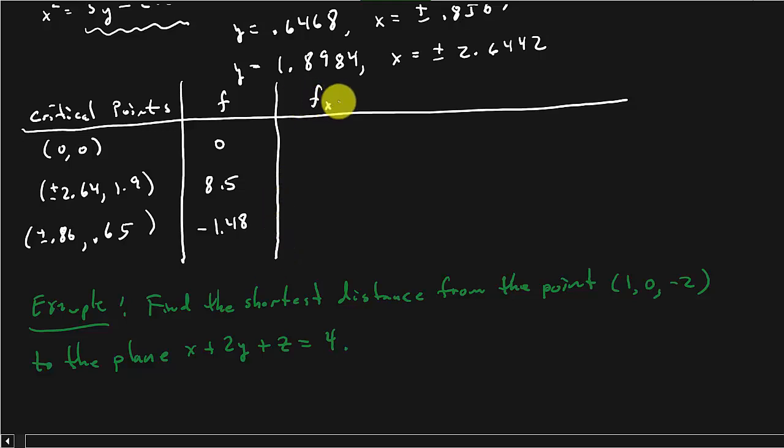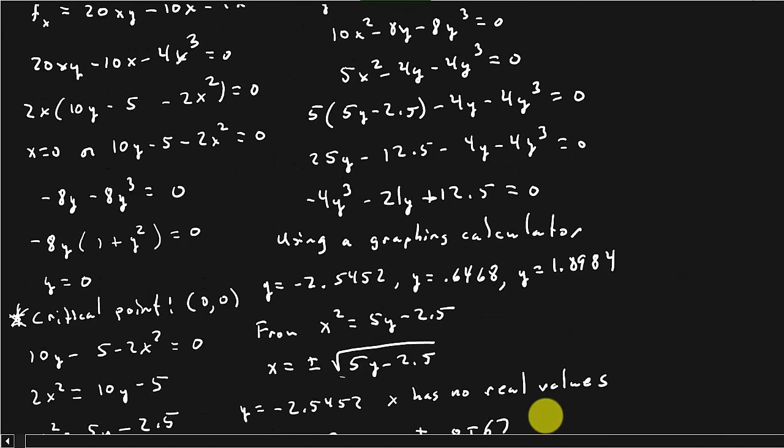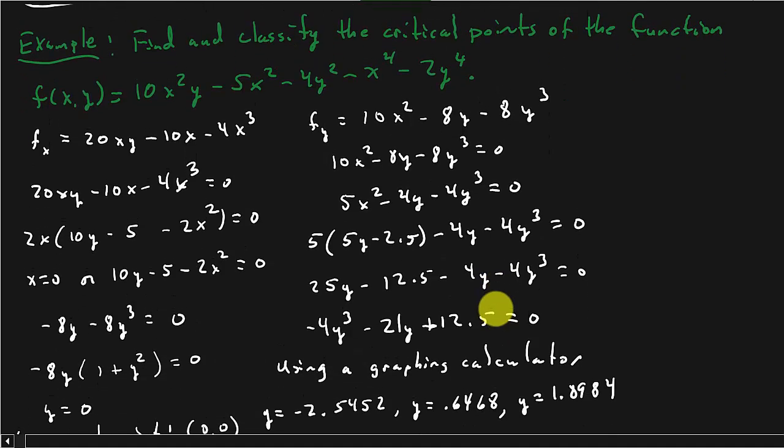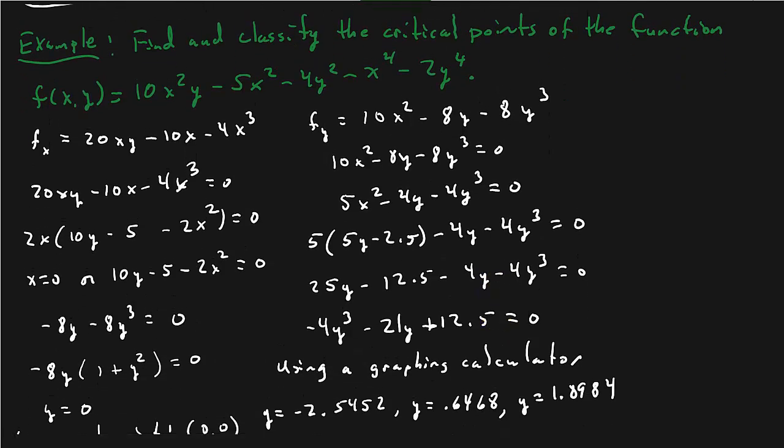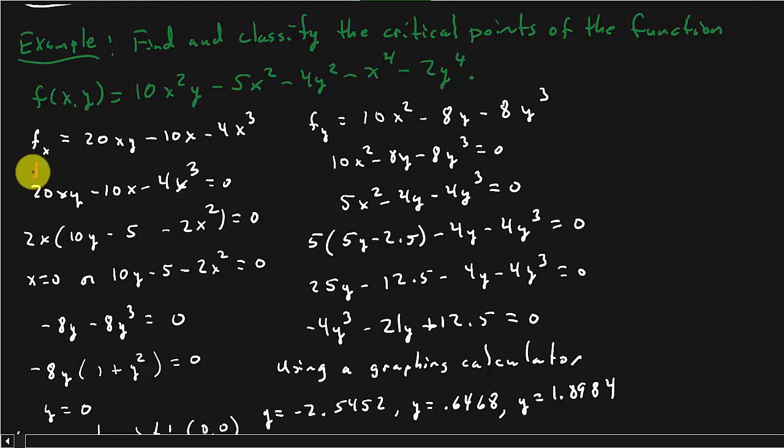And then we need the second partial of f with respect to x. So if I take the second partial of f with respect to x, I'm just going to squeeze that in right here. That's going to be 20y minus 10.